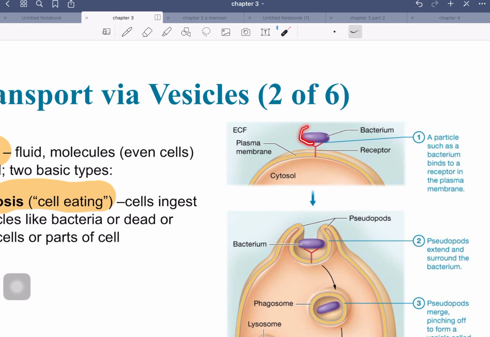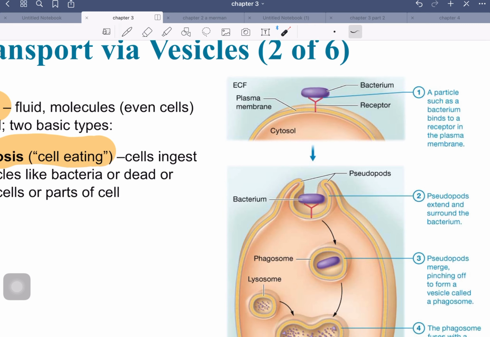Here a bacterium has bound a receptor on the cell membrane, and that can stimulate the cell membrane to start to change shape. As the cell membrane changes shape, we get this uprising area, and we call these pseudopods. These pseudopodia slowly surround the thing I want to bring into the cell.